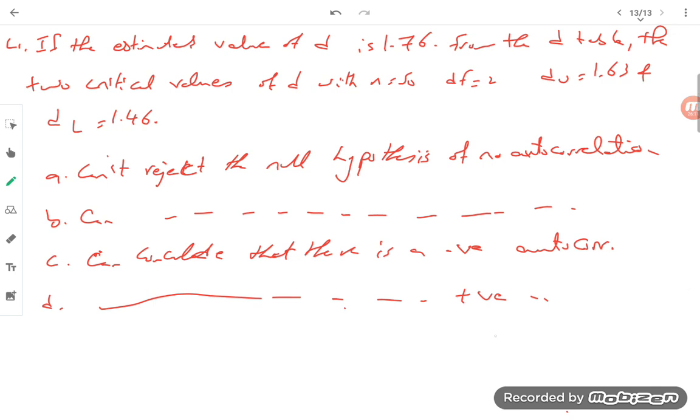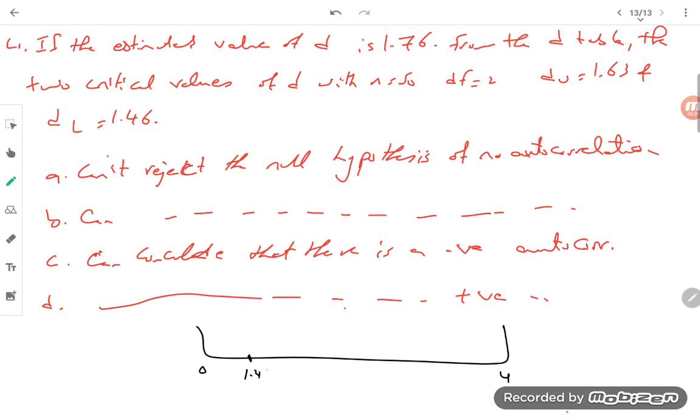In this case, we have to identify in which area 1.76 will be located. So this is 0 and 4.